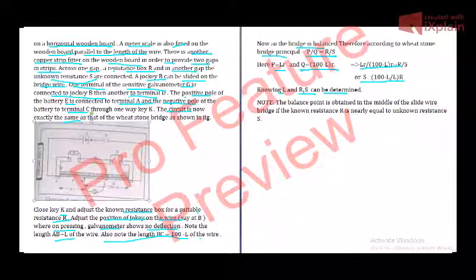Note that the balance point is obtained in the middle of the slide wire bridge if the known resistance R is nearly equal to the unknown resistance S. If these two resistances are equal, then for a 100 centimeter wire, the balance point will be at 50 centimeter. Okay, thank you. See you again.